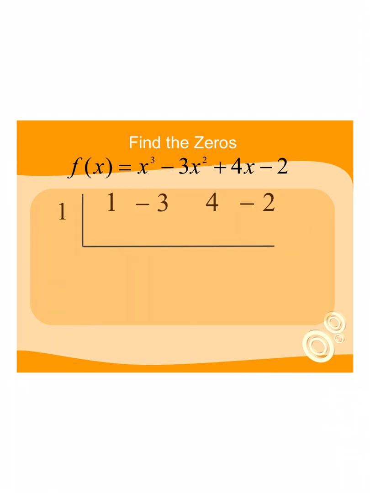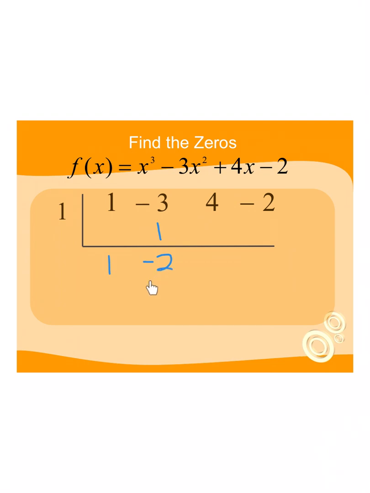All right, so I've gone ahead and set up our synthetic division here using our a value of 1, and then I've listed the coefficients of each one of our terms. Just to refresh this, we're going to take our first term all the way down, and then I multiply that by my outside a value, which is 1. So 1 times 1 is going to be 1, and then I'm going to add down. -3 plus 1 is -2.